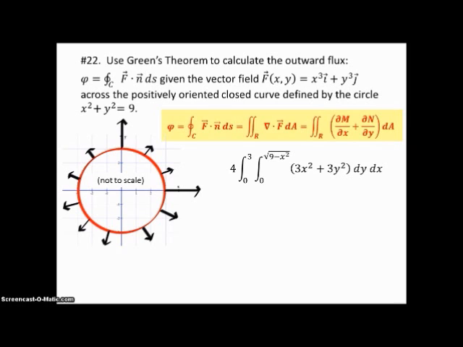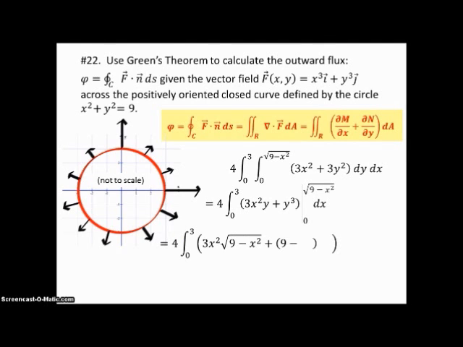Okay, so now we look at m, which is x cubed, and the partial derivative with respect to x is 3x squared. And then we look at n, which is y cubed, and the partial derivative with respect to y is 3y squared. So there's our integrand. Integrating with respect to y, we get 3x squared y plus y cubed, evaluated from 0 to the square root of 9 minus x squared.